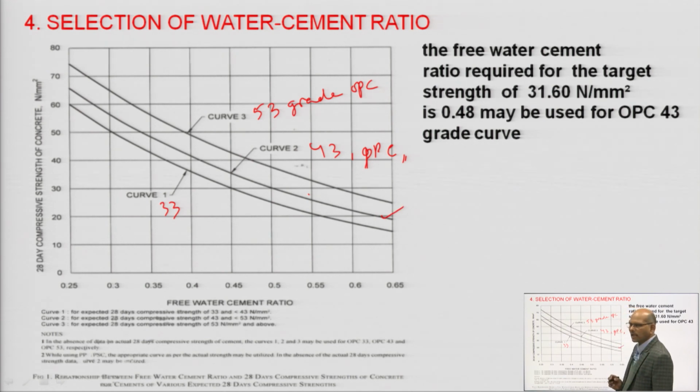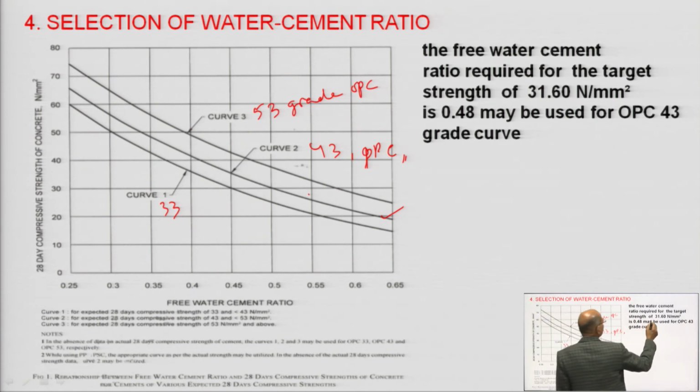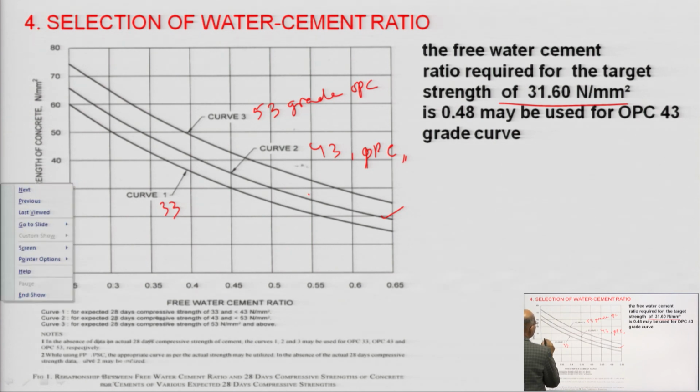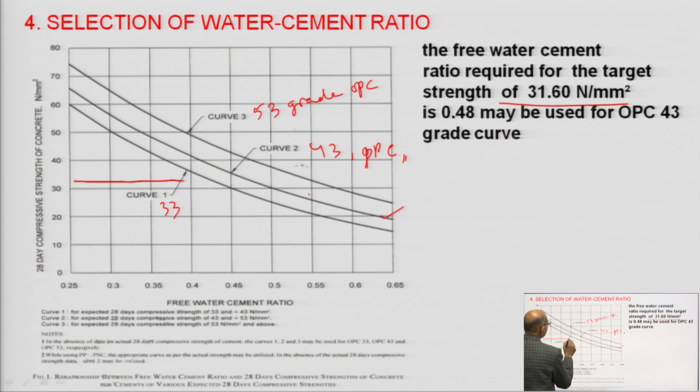What is our mean target strength? It is 31.60, which we have calculated previously. So, from 31.6 here, roughly it is coming like this, and if you go to this place, what will you get? Approximately you are getting about 0.48 water cement ratio.